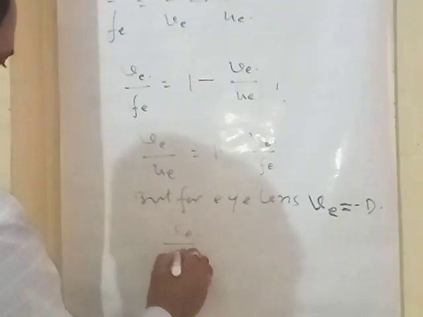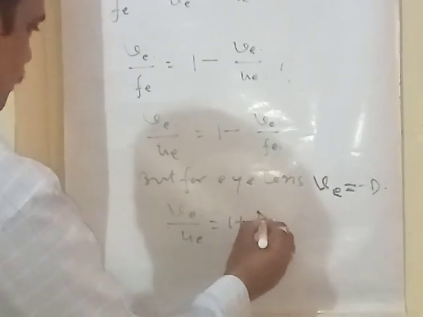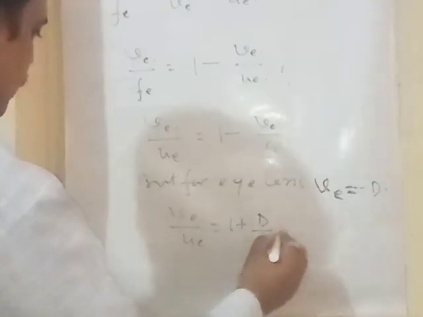Therefore, VE by UE equal to 1 plus D by FE.